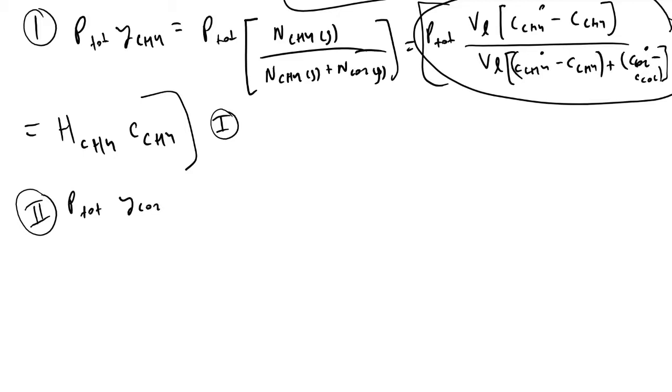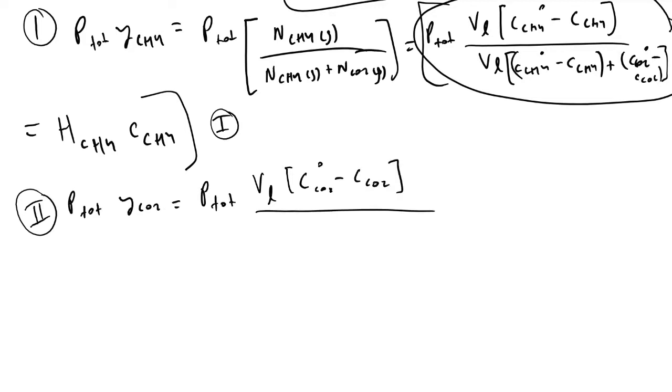So the total pressure times the mole fraction of carbon dioxide will be equivalent to, we're going to have P total times the volume of the liquid phase we're working with times the concentration of carbon dioxide that existed at 350 minus the concentration of carbon dioxide at the new pressure, divided by, we're going to again divide by V_L, and you'll note here how these control volumes that we went with canceled out, which is very nice.